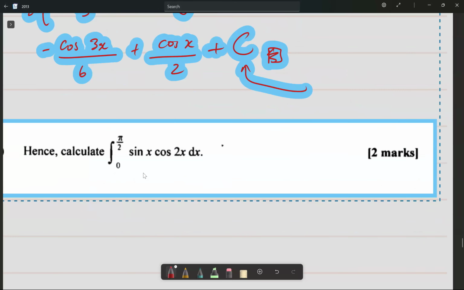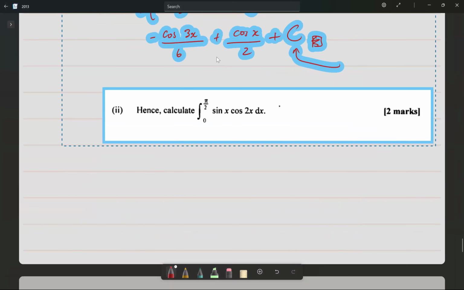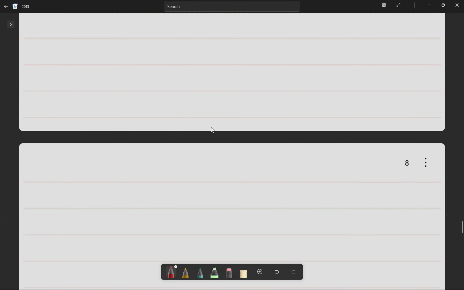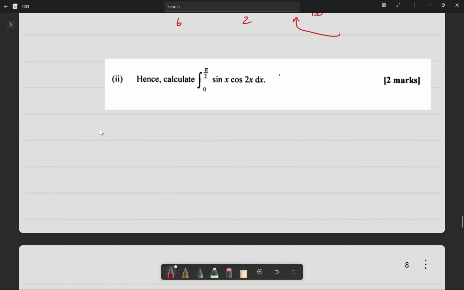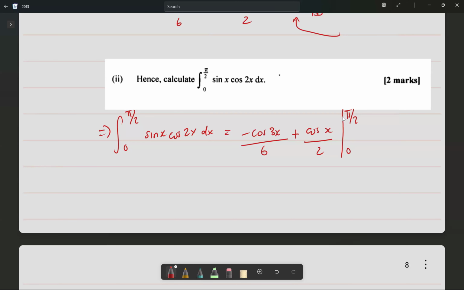Calculate this. So the calculation of that is going to have the integral from 0 to pi over 2 of sine x cosine 2x dx, which is going to be negative cosine 3x over 6 plus cosine x over 2, from 0 to pi over 2.